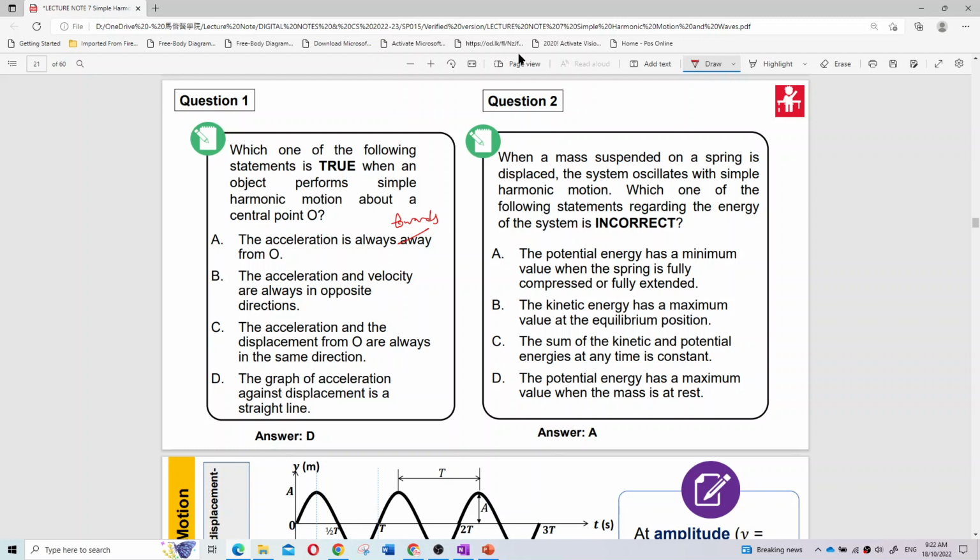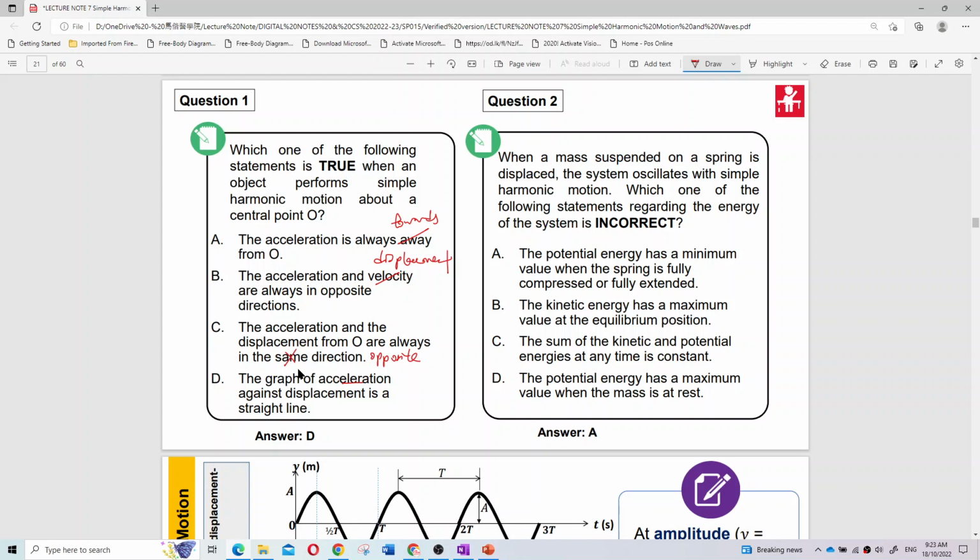Always towards, and this one should be displacement. Acceleration and displacement are always opposite, right? So I think it's D, the only answer.